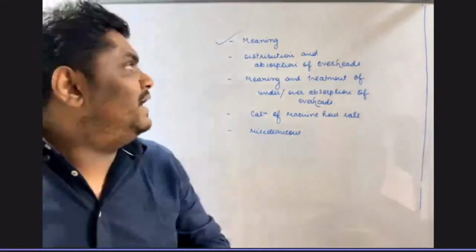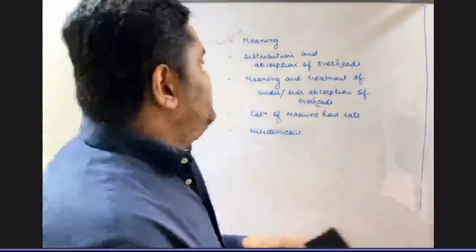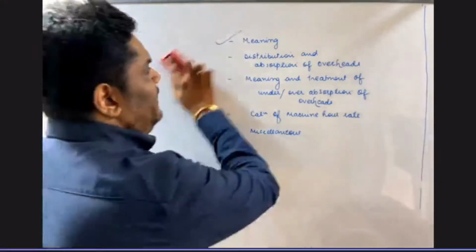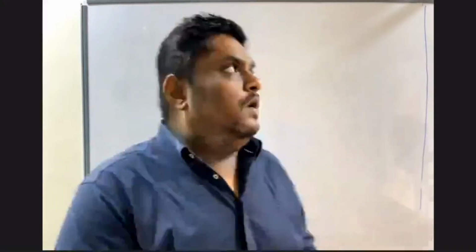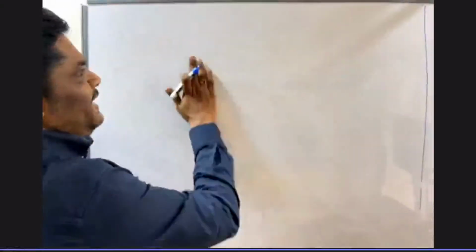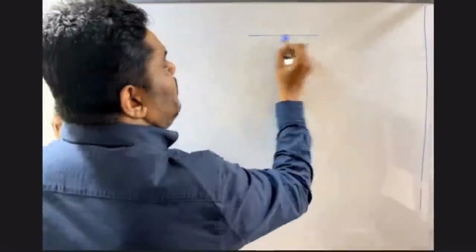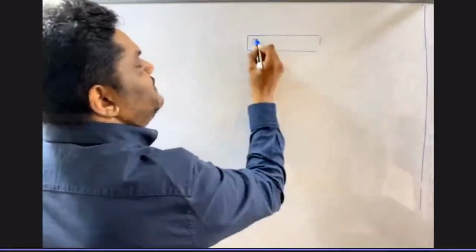So now let's start with the next part of the chapter, that is distribution and absorption of overheads. When talking about distribution and absorption of overhead, there are various stages.